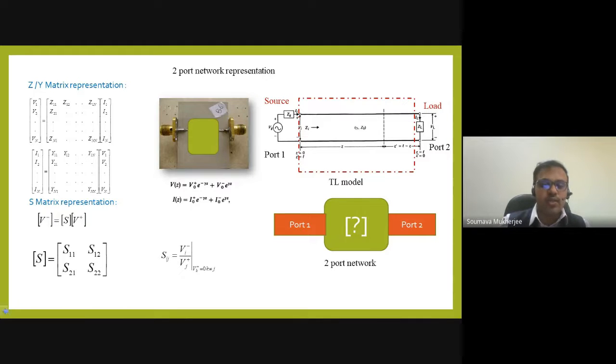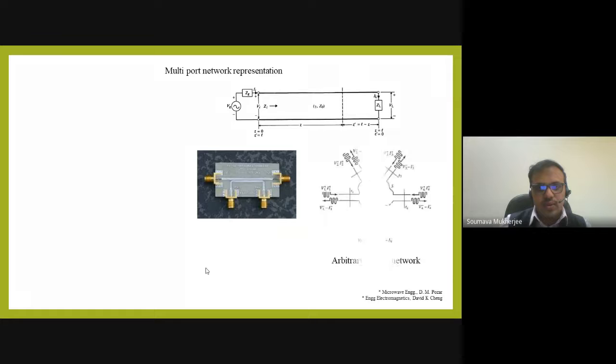And this condition you can typically ensure if you have made matched termination, because matched termination means there will be nothing reflected back, so there is no such positive voltage wave, that is, no incident wave coming from that port. So this condition is very important, and if you make this condition, you can actually extend this scenario by this.